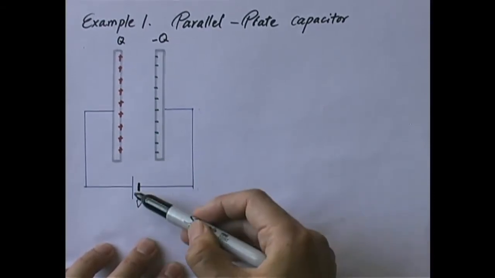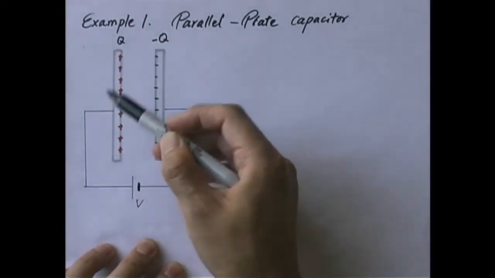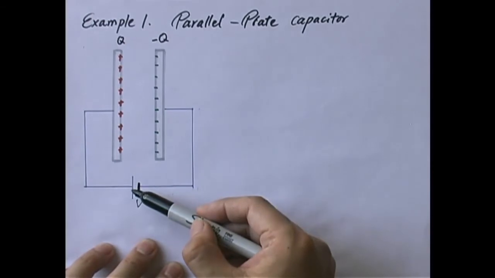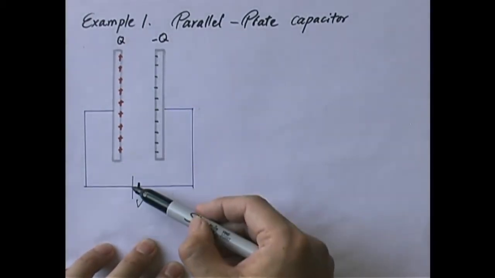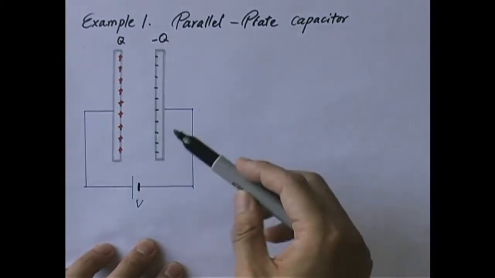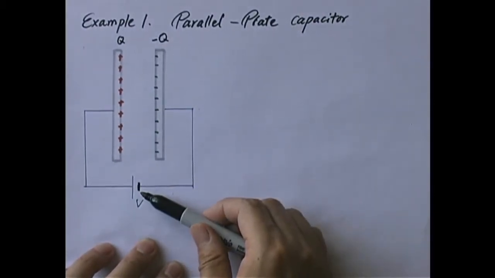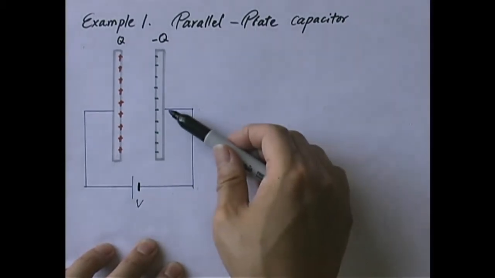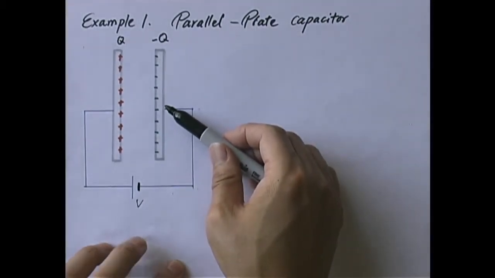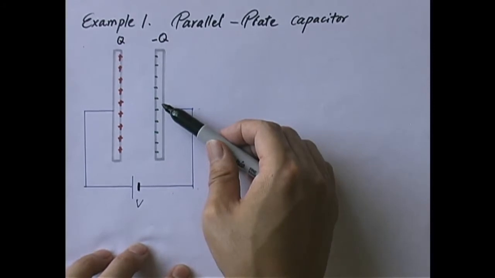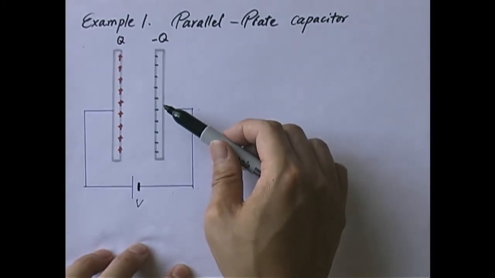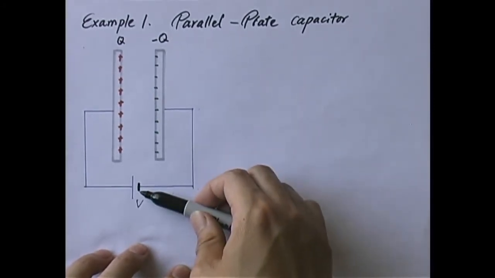And then this wire is linked between this plate and the positive terminal. So this plate and the positive terminal will now share the same voltage. Similarly, the negative terminal of the battery is connected by a wire to the other metal plate, and therefore it will have the same voltage as the negative terminal.